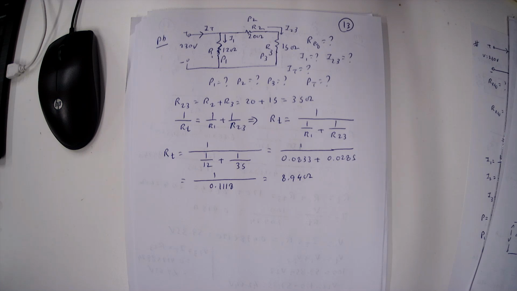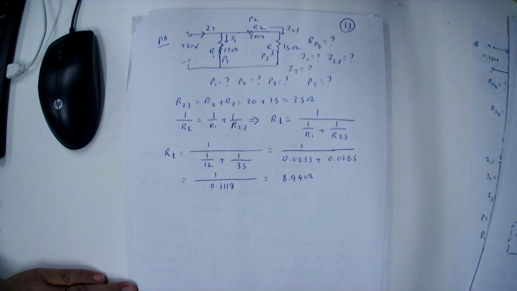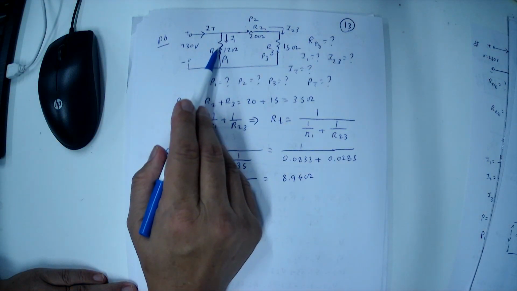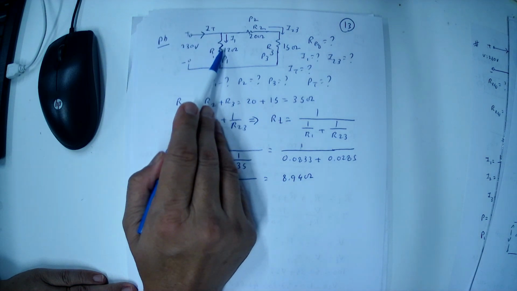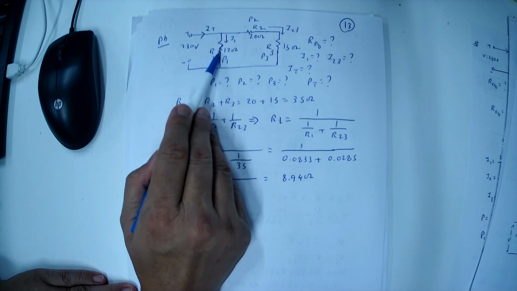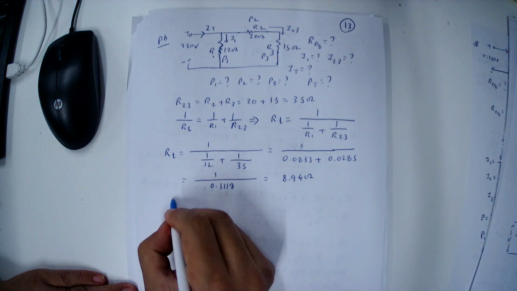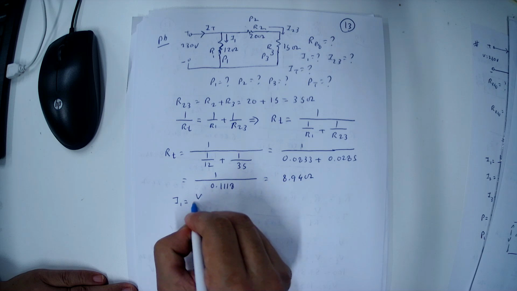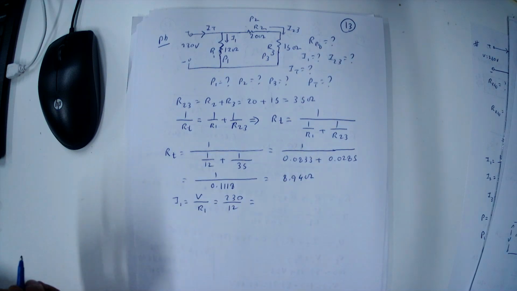Then we calculate the total current IT, and also the current in each resistor. In this case, for resistor R1, the current is I1. The voltage is 230 volt and the resistance is 12 ohm, so 230 volt is across the 12 ohm resistor. I1 equals V divided by R1, which is 230 divided by 12.